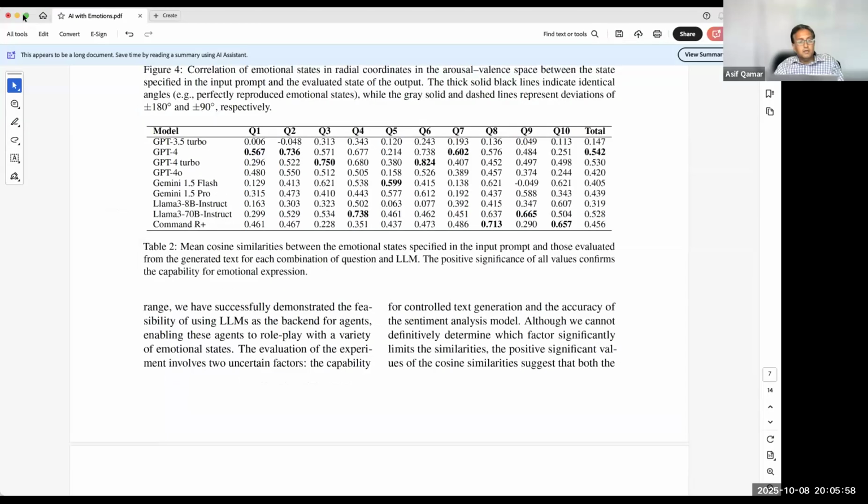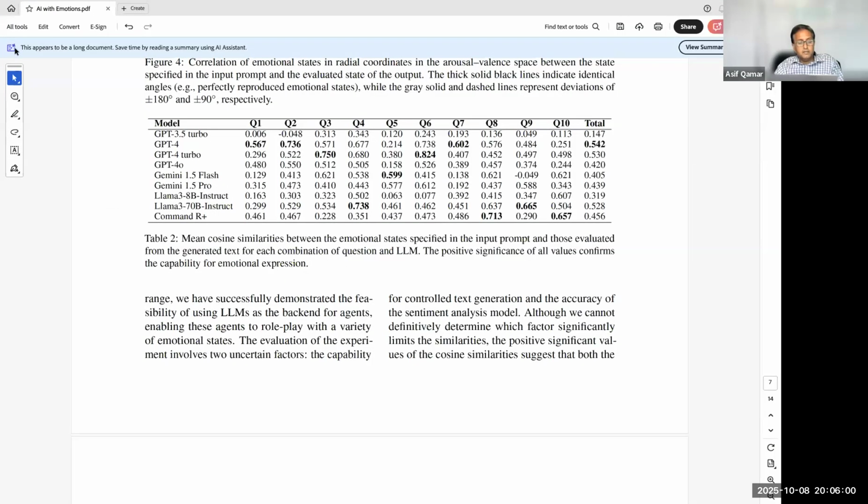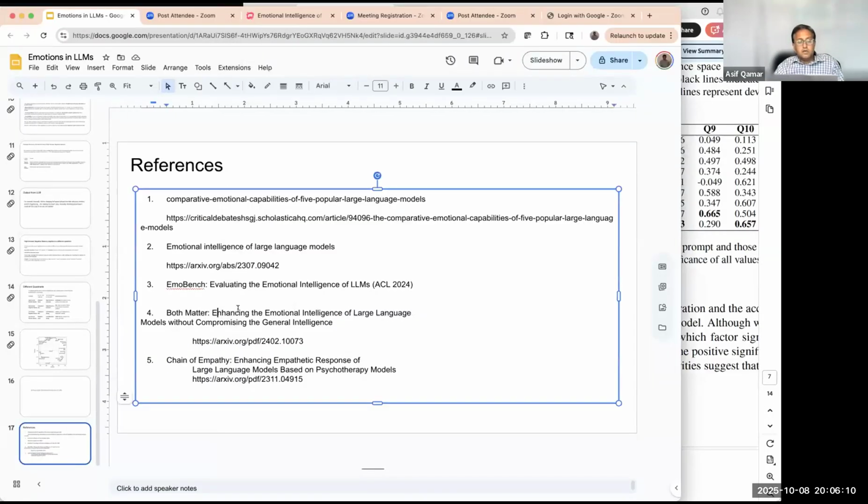And by the way, there are more papers to be read in this domain. There are other references, very interesting papers. Comparative emotional capabilities of the large language model. Emotional intelligence of language model, that's another paper. And then evaluating emotional intelligence.